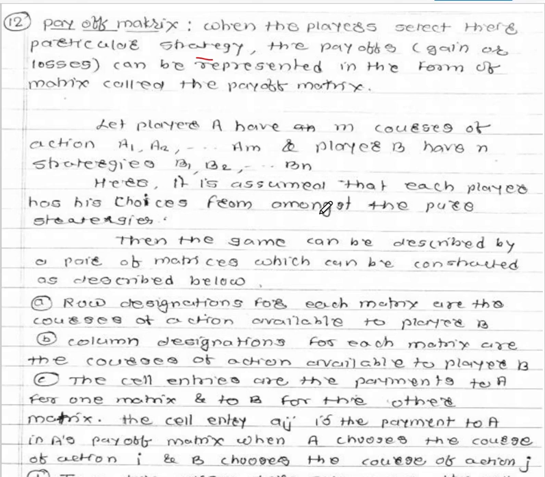Here it is assumed that each player chooses from among the pure strategies. So both players have their own choices. Then the game can be described by a pair of matrices, which can be constructed as described below.